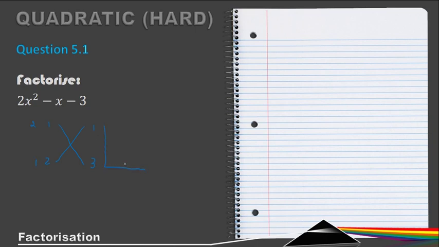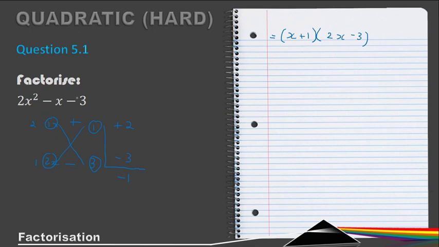I need minus 1, so let's start with 2 times 1 is 2, 1 times 3 is 3, so to get minus 1 I say minus 3 plus 2, and then I see I've used 1 times 3 and 2 times 1, so then this sign goes over here and this sign goes over here, and then my factors are x plus 1 and 2x minus 3. Okay, that's the first method.